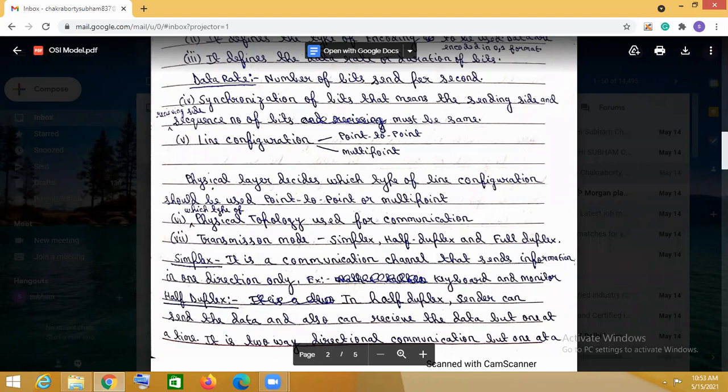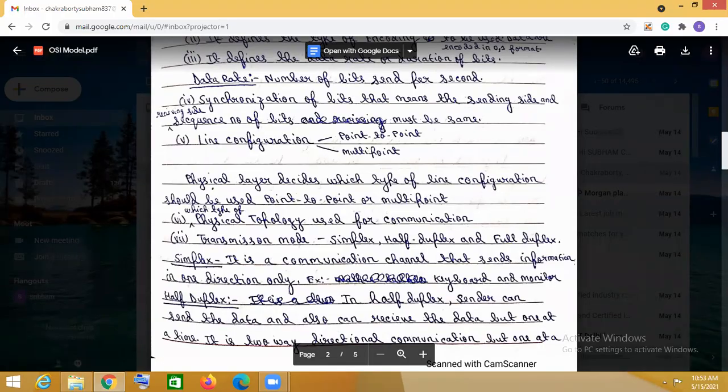So in half duplex, the message can be transferred from sender to receiver and receiver to sender. Both can be possible, but not at the same time.